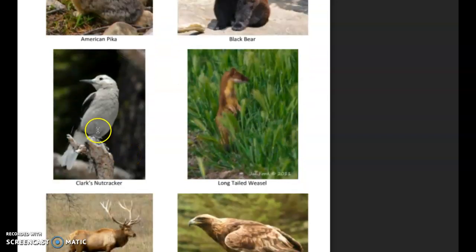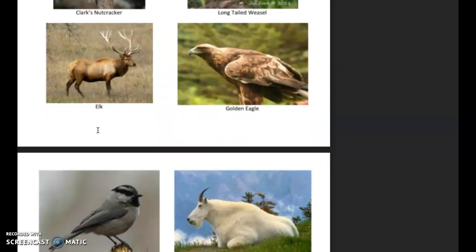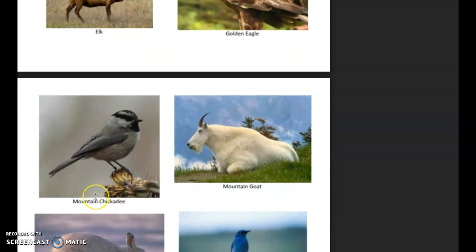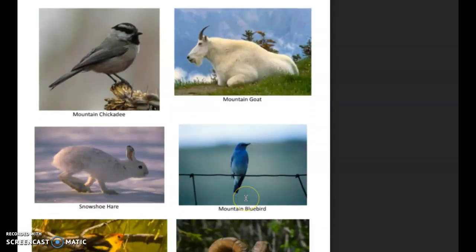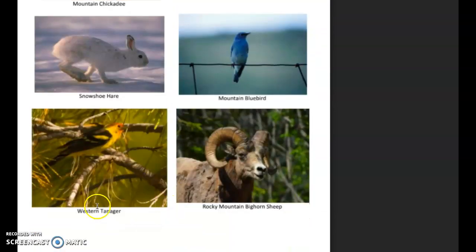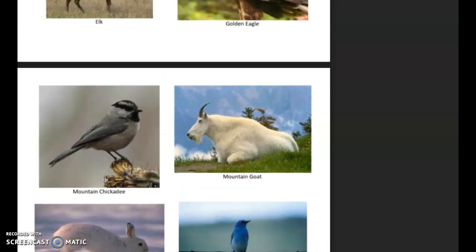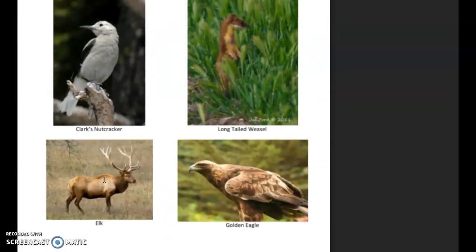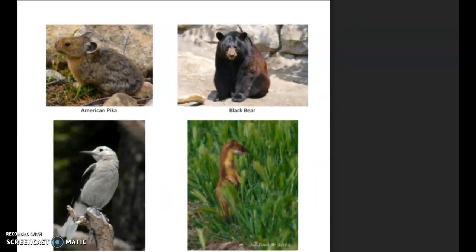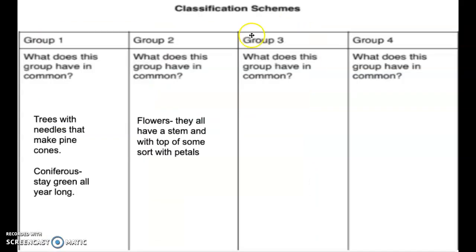So we've got Clark's nutcracker, mountain chickadee, mountain bluebird, western tanager. How are birds all the same? What makes them a bird? Well, if you're saying that they all have feathers, you're right. Let's make that our third group.